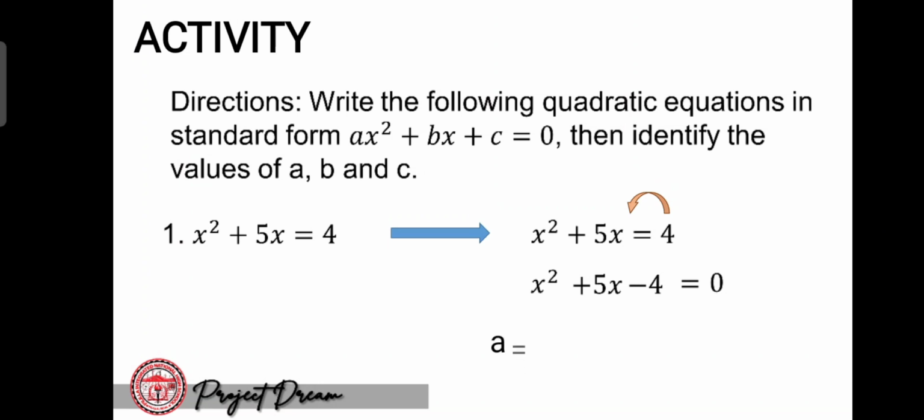A is equal to the numerical coefficient of the first term, which is 1. B is equal to the numerical coefficient of the second term, which is positive 5, and C is equal to negative 4.